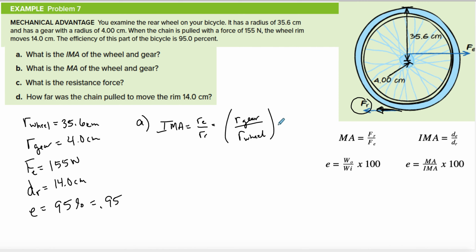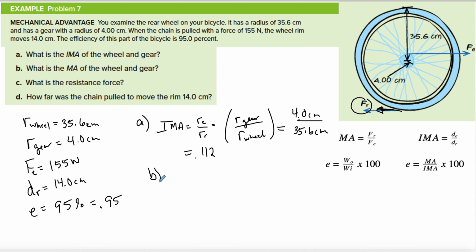To get our ideal mechanical advantage, we need a radius of the gear, which is 4.0 centimeters, over the radius of the wheel, which is 35.6 centimeters. You divide those numbers, and we get a value of 0.112. So that's our ideal mechanical advantage.